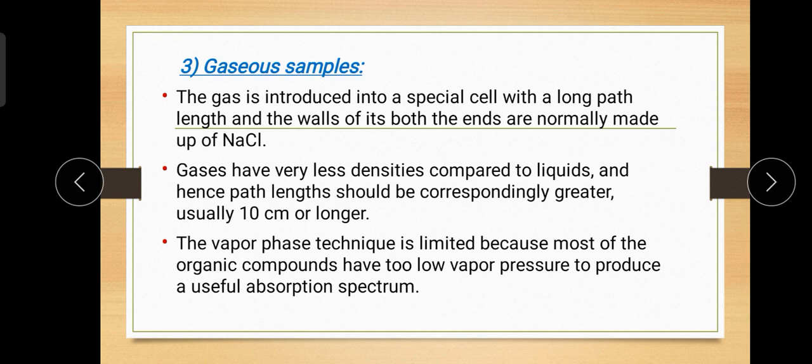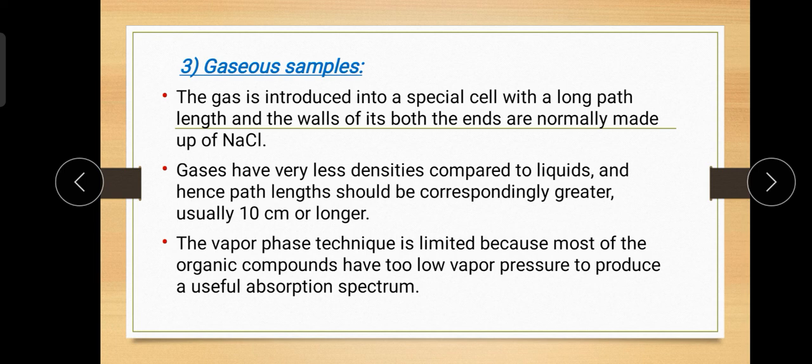That means if we take this special cell, its path length is large and its ends are made up generally of sodium chloride. Gases have very low density compared to liquids, and hence path lengths should be correspondingly greater, usually 10 cm or longer.